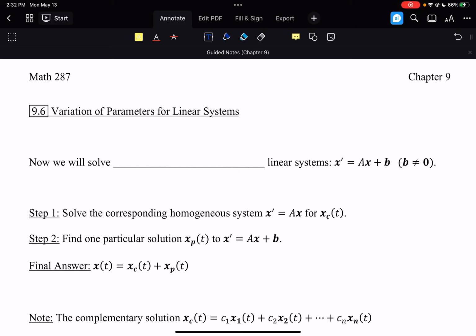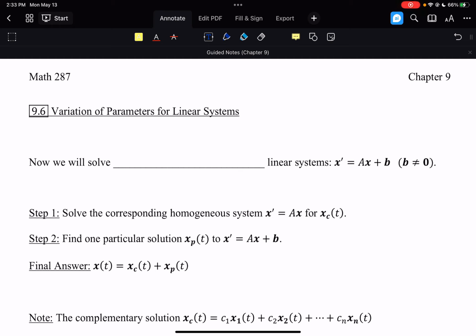Welcome to section 9.6. This is our final section that we're covering from chapter 9 in solving these systems of differential equations. Up until this point, we have been exclusively working with homogeneous systems of differential equations.